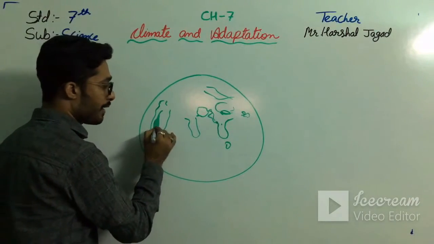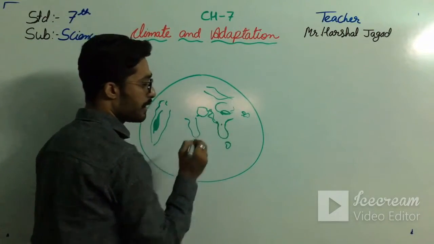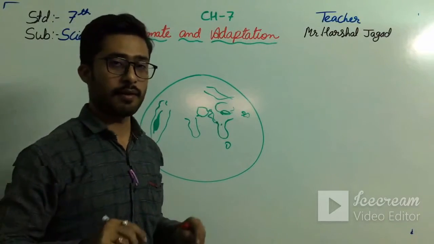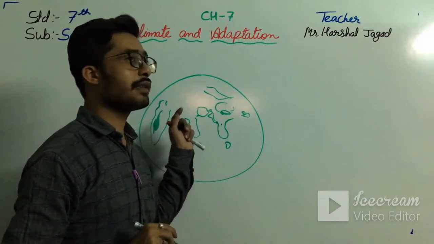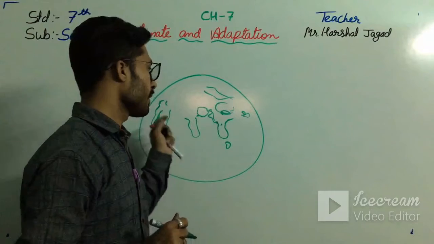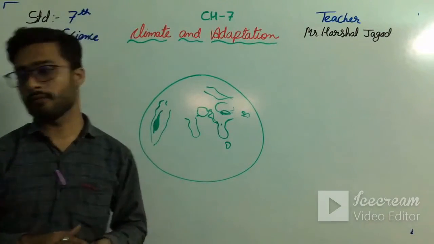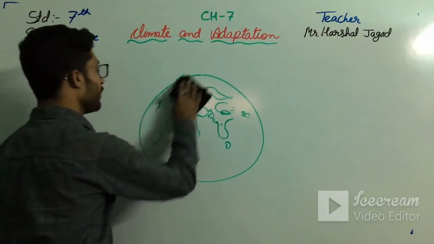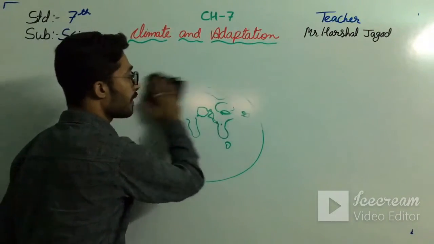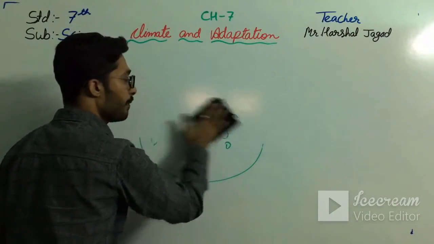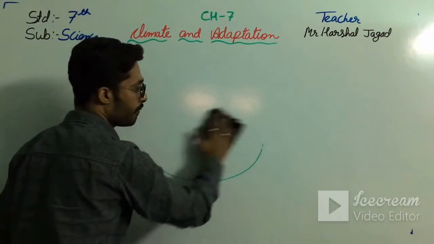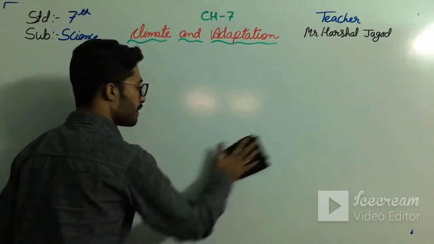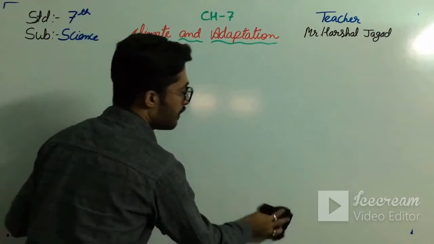So they will migrate from one place to another place where there is winter. Okay students, where there is winter. This movement from one place to another is known as migration. In this way they migrate according to the weather conditions and their adaptations, moving from one place to another.